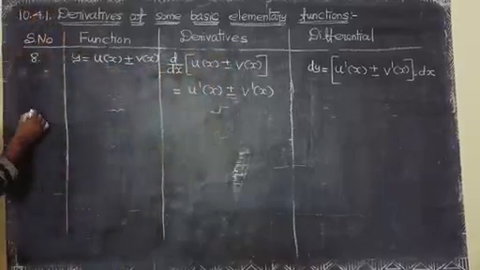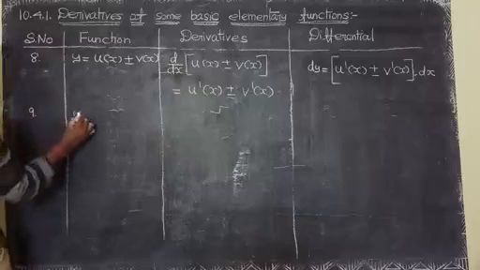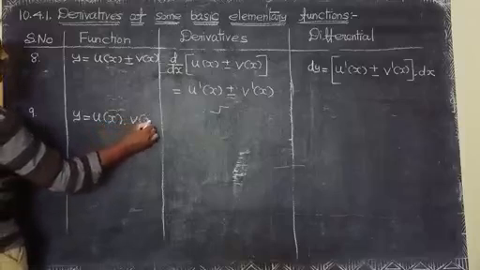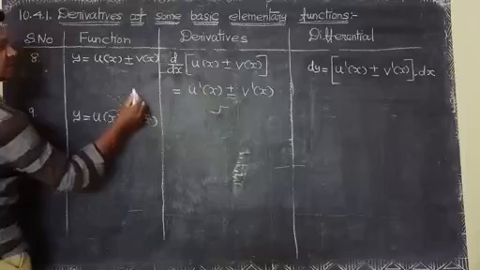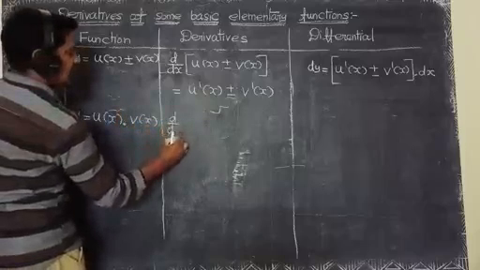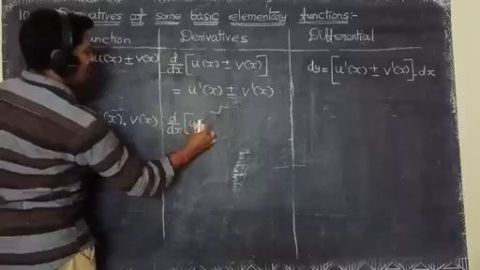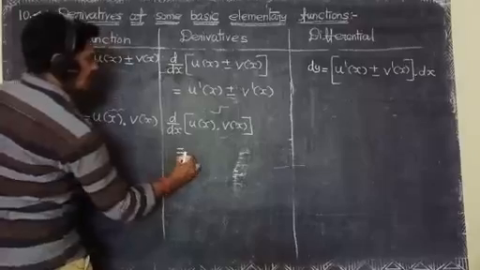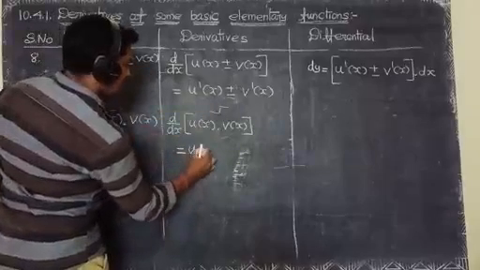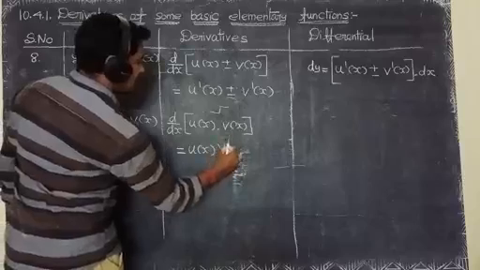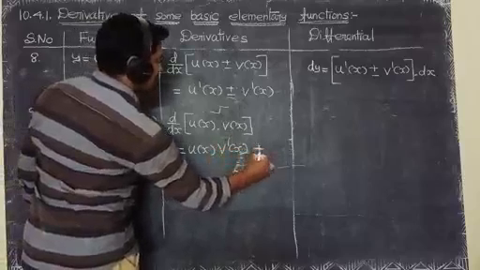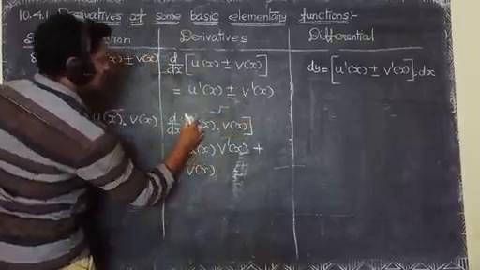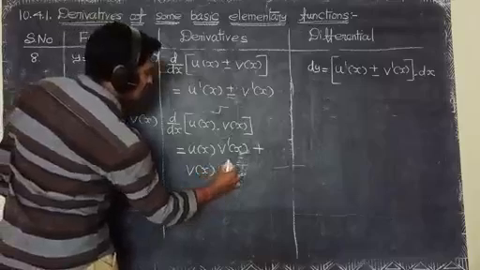Next, product rule, that is y equal to u of x into v of x. This is called the product rule, that is d by dx of u of x into v of x is equal to u of x into v dash of x plus v of x into u dash of x.